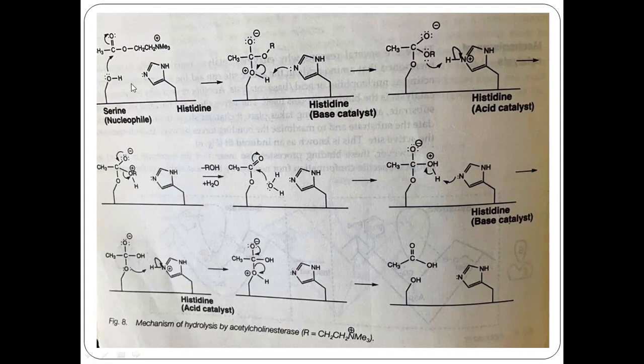At first we have OH and histidine, and at the end of the reaction, both OH, that is serine, and histidine remain unchanged. The surface is again available for another molecule to sit here and carry out the enzymatic reaction. So this is about covalent catalysis and acid-base catalysis.